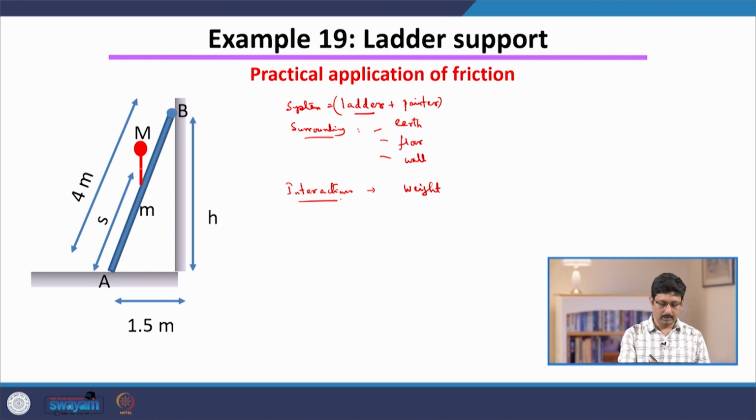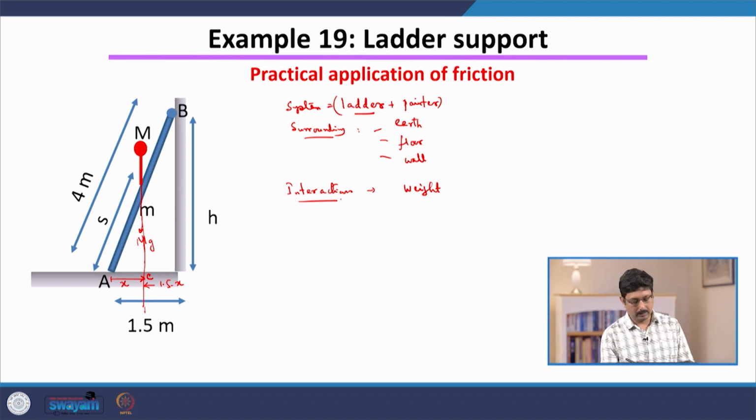The weight of this person is mg, and this is the line of action of this weight. Let us call the point where it hits the floor C, and say that this distance AC is x. Then from the picture it is clear that this distance will be 1.5 minus x meters.